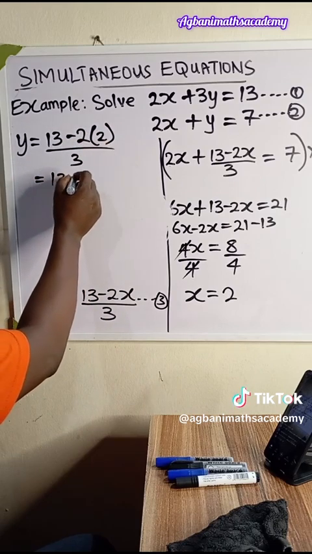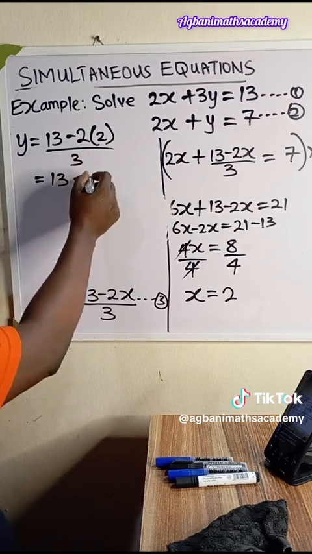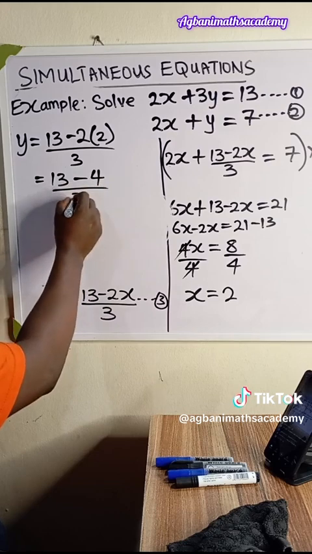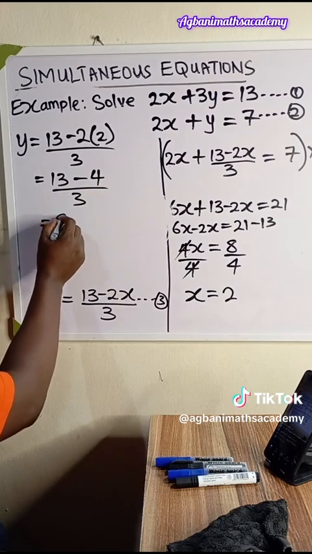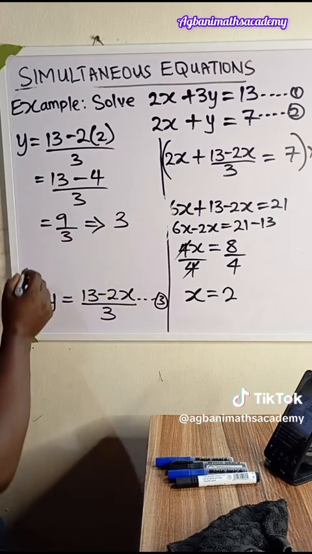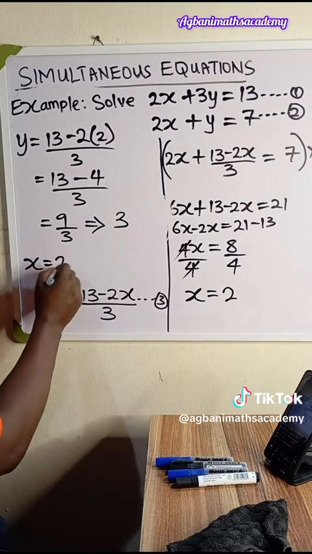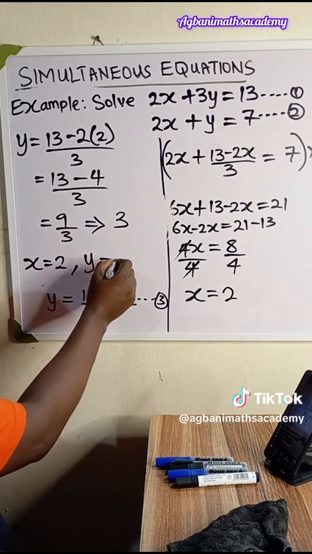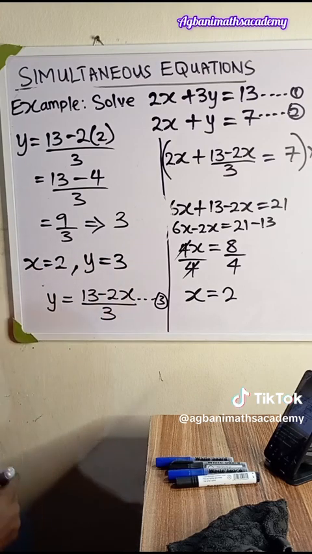So we have 13 minus 2 times 2 gives us 4 all over 3. So this will give us 9 over 3, which is equal to 3. This means our final answer is x is equal to 2, comma y is equal to 3.